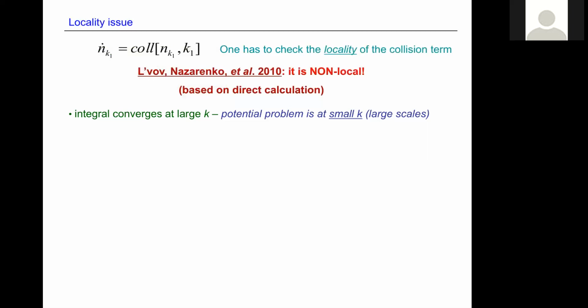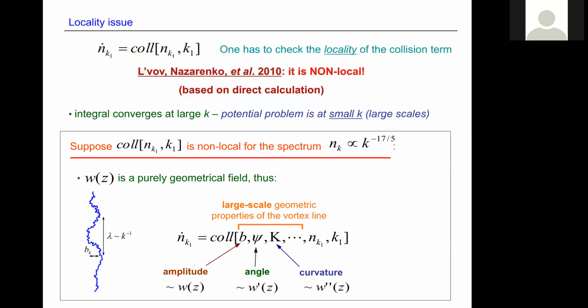However, it turns out we can actually figure out that the collisional term is local from purely symmetry grounds, and the proof goes like this. I can assume that the collisional integral is non-local for this particular spectrum.